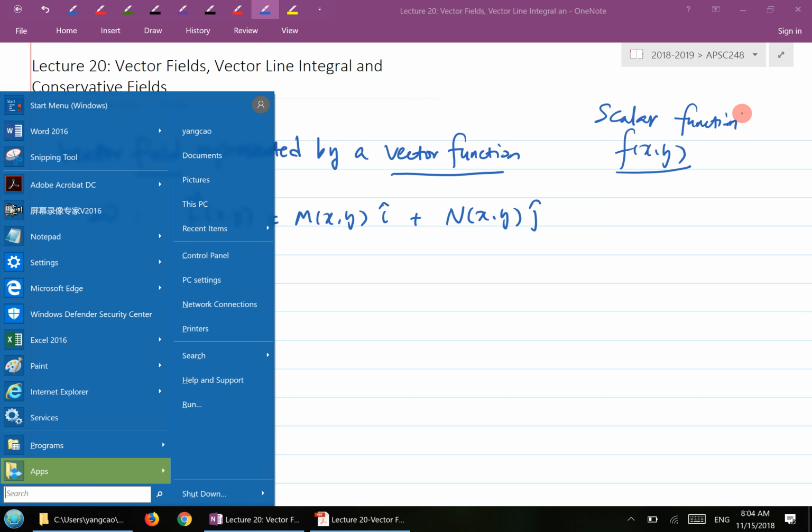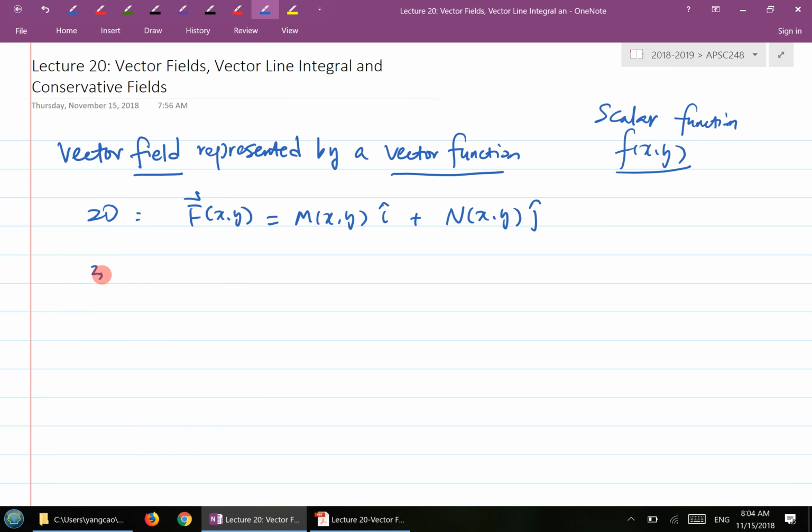And in 3D, it's a vector function of three variables, x, y, z.